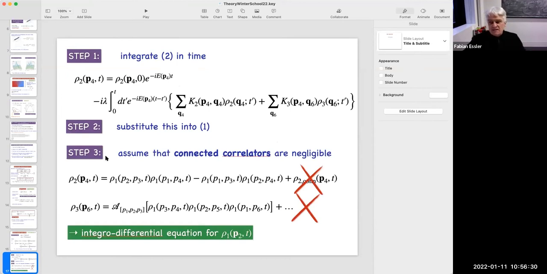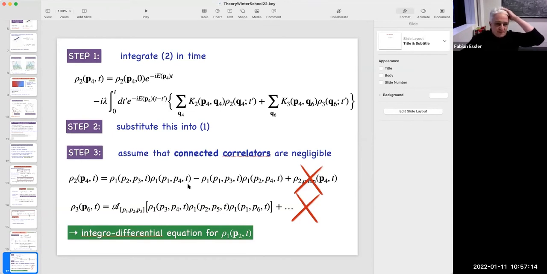Okay. No problem. Now comes the important step. Now you make an assumption, and the assumption is that the so-called connected correlators are negligible. Connected correlators are essentially defined in this way. So this two-particle reduced density matrix can be written as a connected part, plus certain products or sums of products of the single particle reduced density matrices.